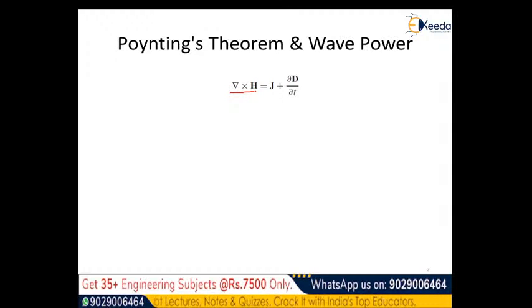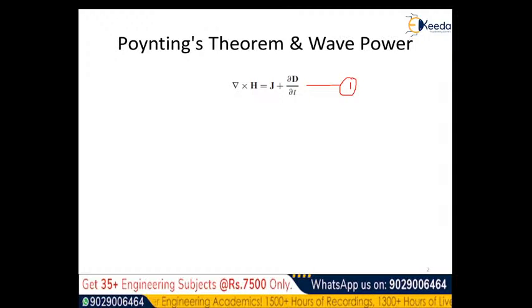Now the curl of the magnetic field intensity H is equal to J plus del D by del t. Here it is the partial time derivative of the vector quantity denoted by capital D, the electric flux density. This is the equation from Maxwell's set in the point form, and you can regard it as equation number 1.